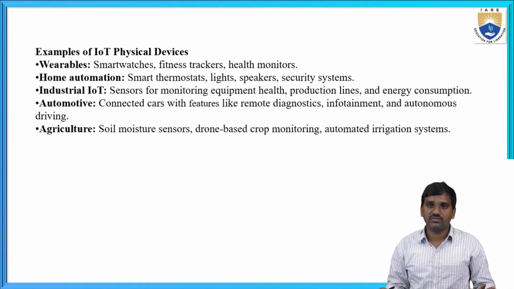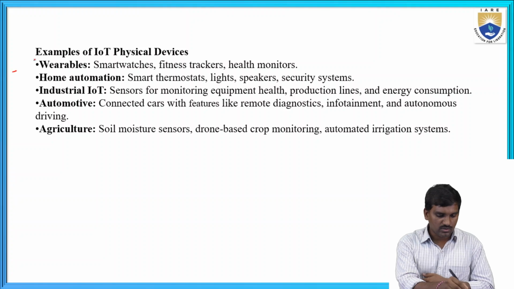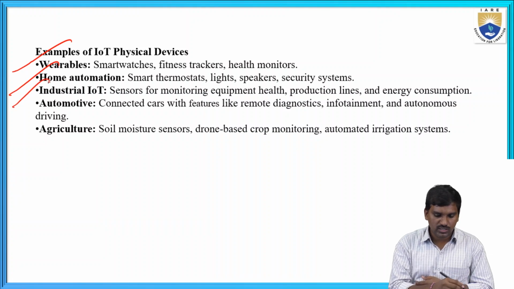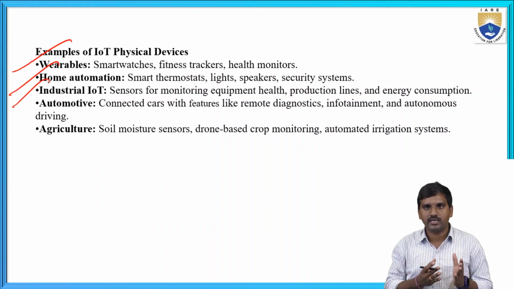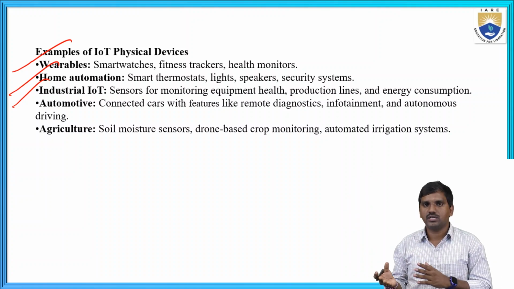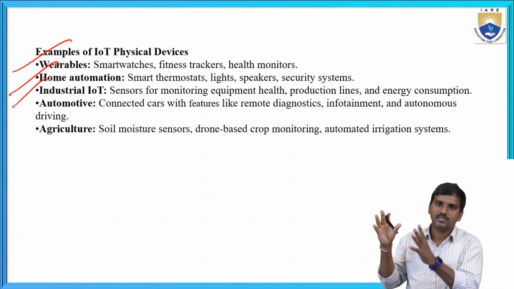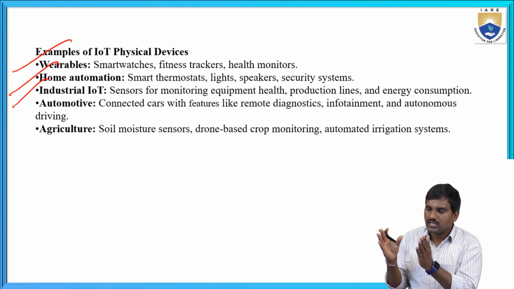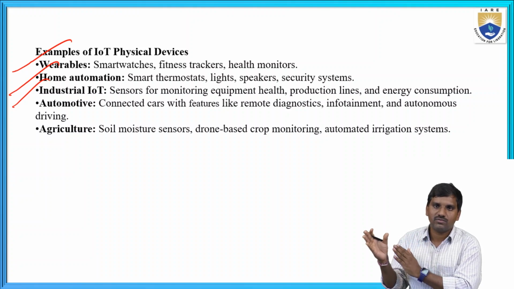Next, examples of IoT physical devices. We know wearable devices, smartwatches, fitness trackers, health monitoring, like that. Home automation: thermostats, lights, speakers, security systems. Industrial IoT: sensors for monitoring equipment health. Whether large equipment is available in industry, in order to monitor that machine's life cycle, how many years or days it will work efficiently, like that.